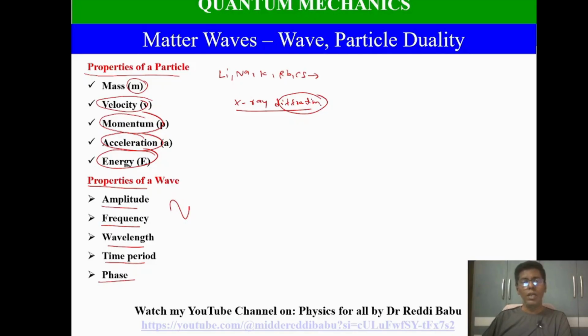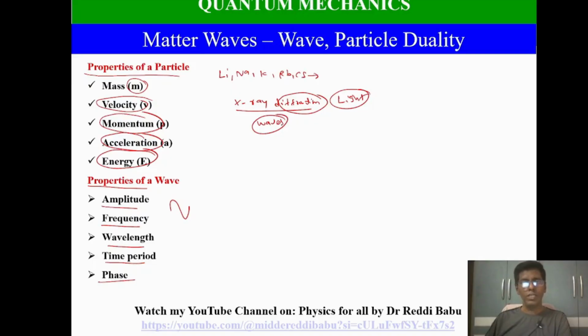Already we know that diffraction is a property of light. According to the X-ray diffraction effect, electrons or X-rays are traveling in the form of waves.